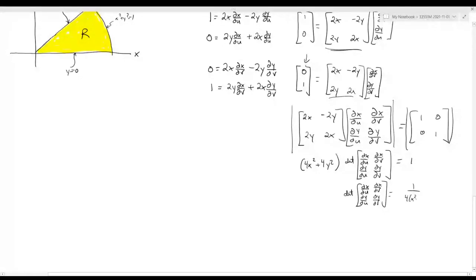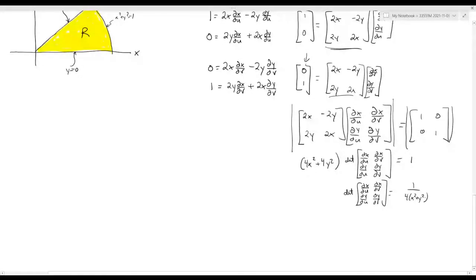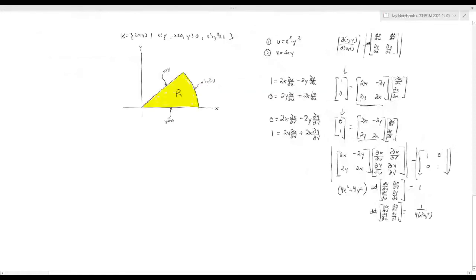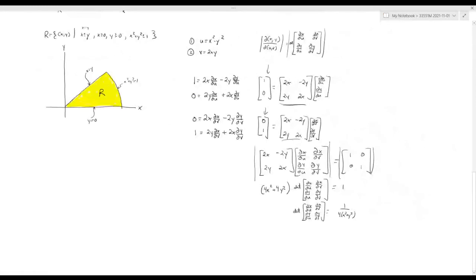the distance squared. So as long as we're not at the origin, which I guess makes it a sort of improper integral. Oh, I should have thought about it. Okay.